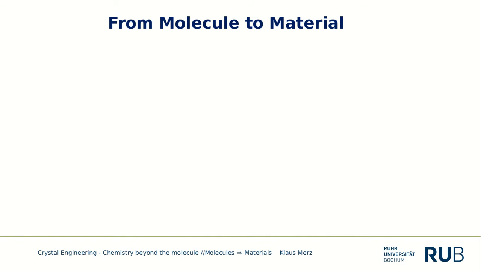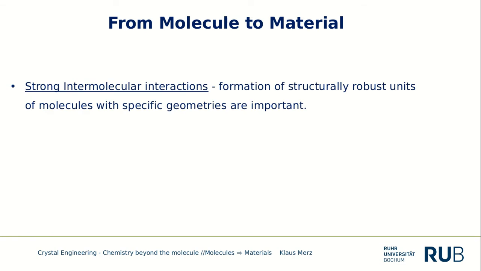Let's go back. Only one step. We have two different categories of intermolecular interactions. I would say we have strong intermolecular interaction, which is important to form robust units. Yes, this is the network. Robust units with molecules with specific geometries.